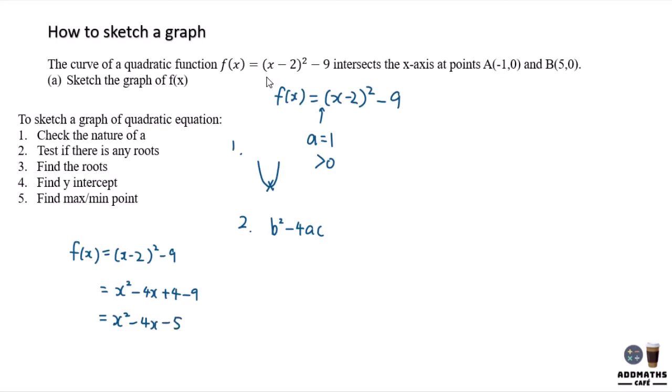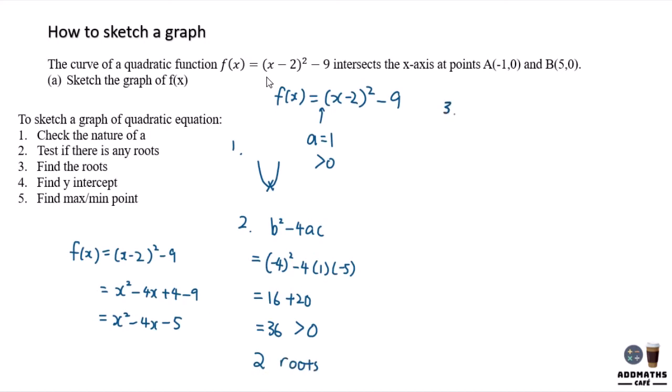So this is the general form. Now I know my b is negative 4, my c is negative 5, and my a is 1. Apply into this formula: negative 4 squared minus 4ac. This gives 16, and minus 4 times minus 5 gives a positive 20. You will have 36. It is more than 0, which means there are 2 roots.